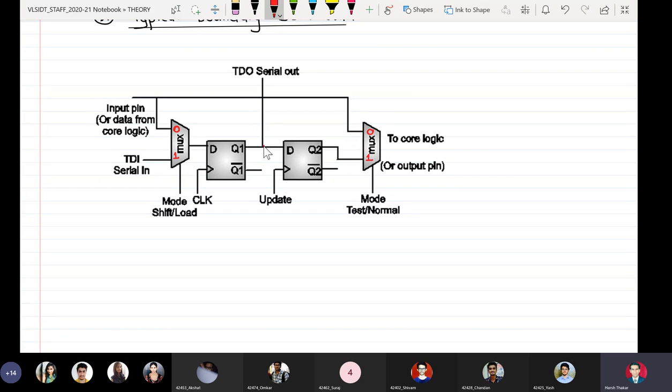Here we have the TDO, that is test data output. We have TDI, serial in. There is shift or load here, and test or normal here.